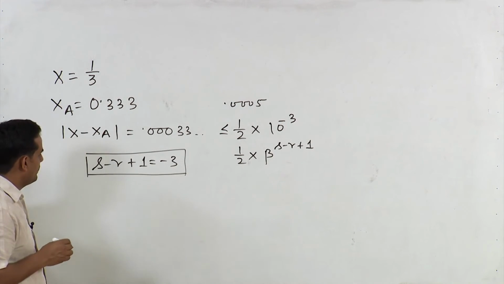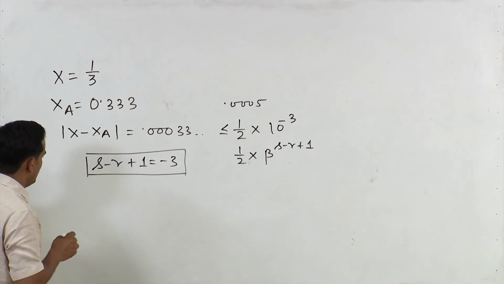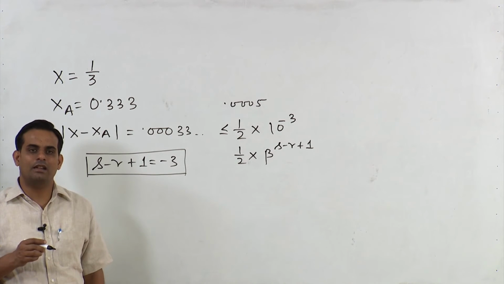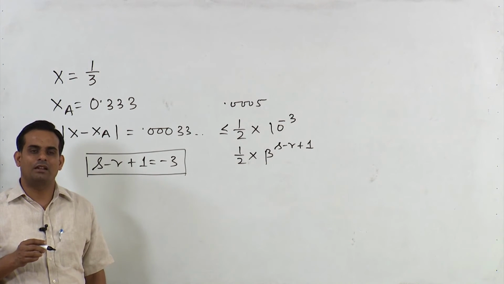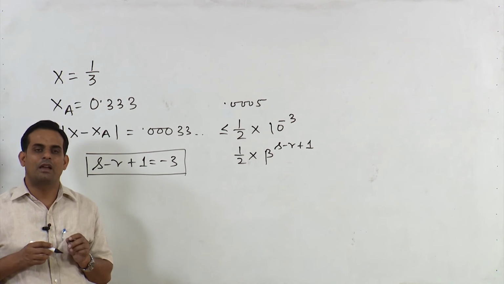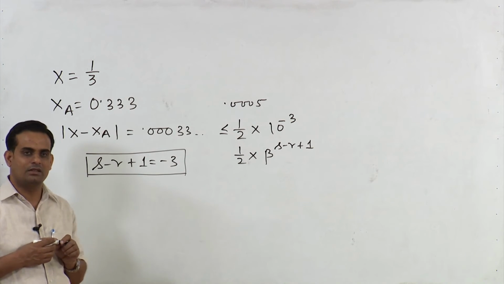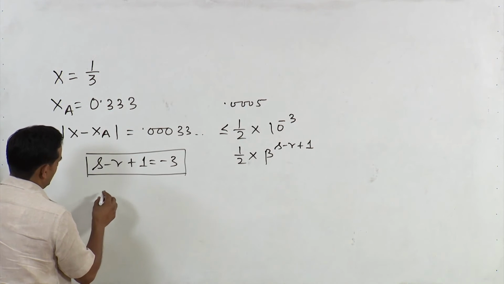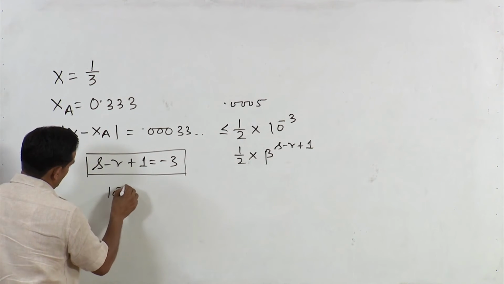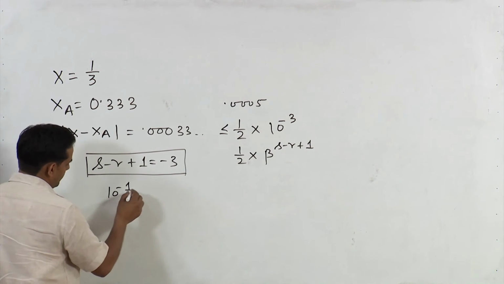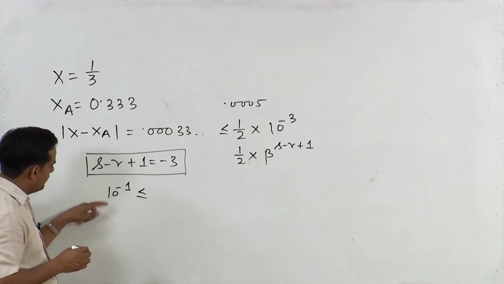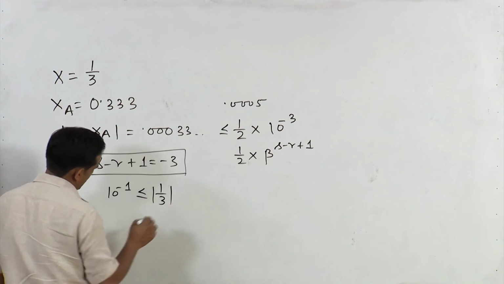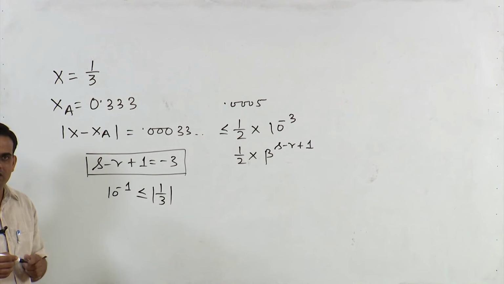Now, I want to find out the value of s. As I told you, s is the largest integer such that beta raised to power s is less than the absolute value of the true solution. Here we have 10 raised to power minus 1, that is 1 upon 10, which is less than 1 by 3, the true solution.